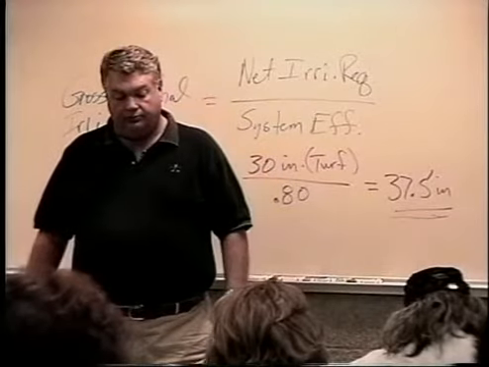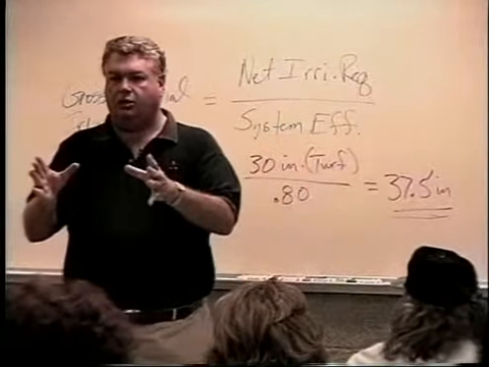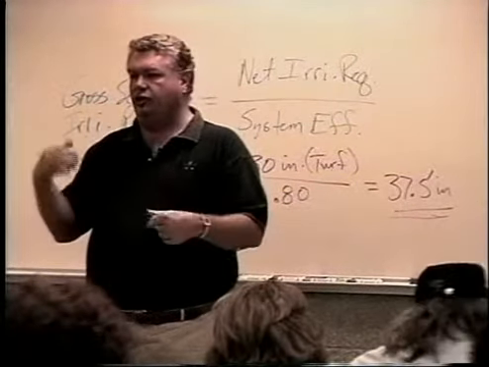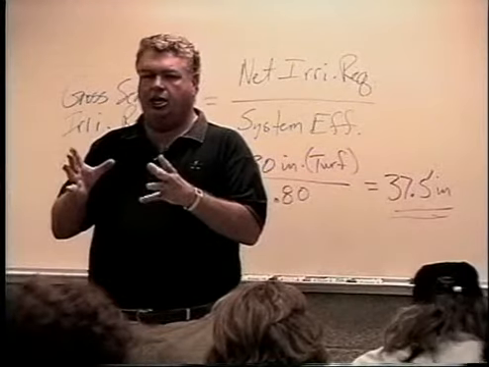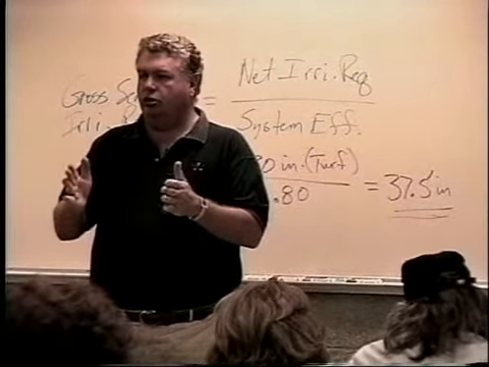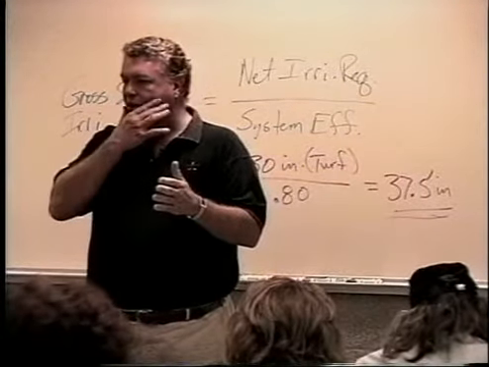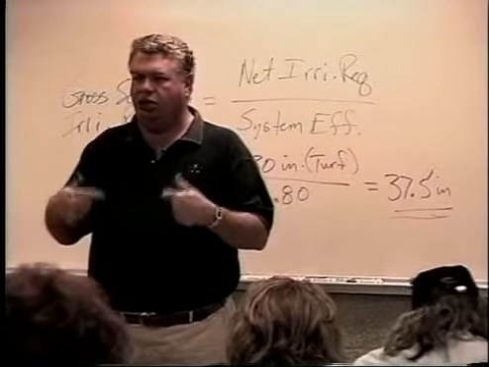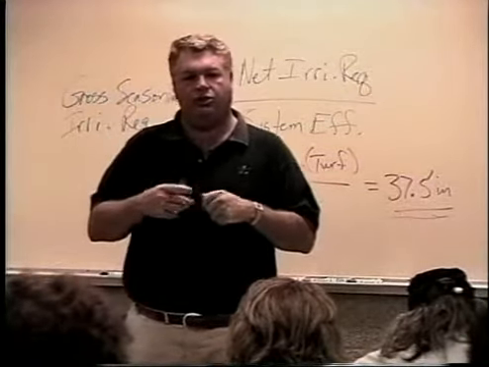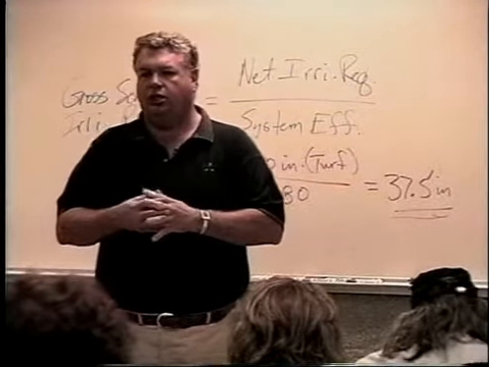Then, if we know what that length of time is, we can find the net amount of water we need to apply during, instead of a season, say, a 10-day period. We look at the worst period of time, get the average for that 10-day period, and we know how much we need to put on over that 10 days. Simply divide it by the efficiency, and we know what our gross water demand is going to be over those 10 days.